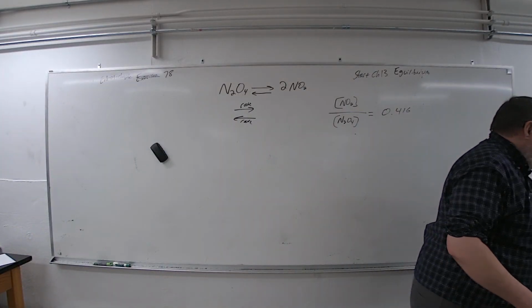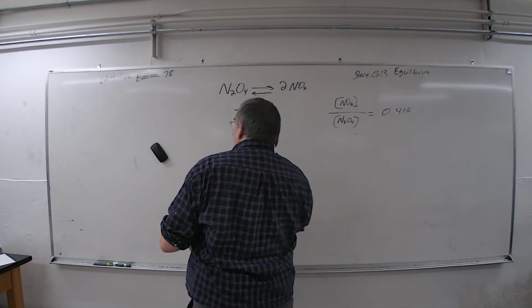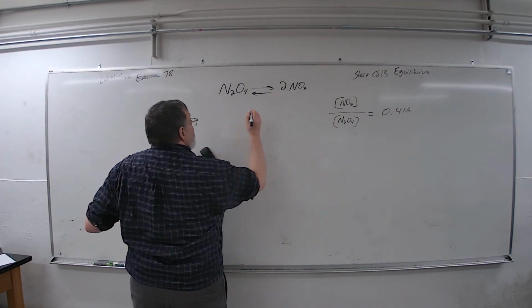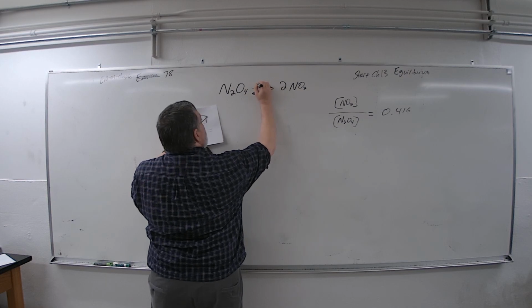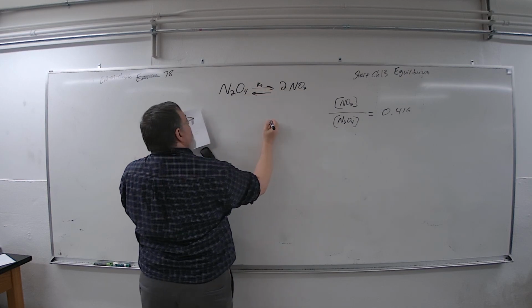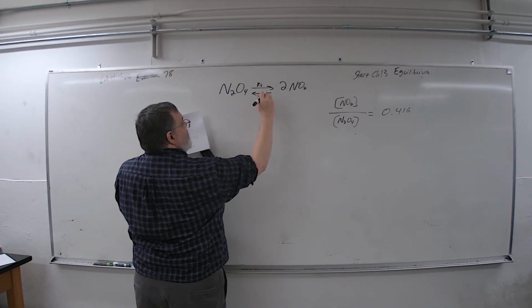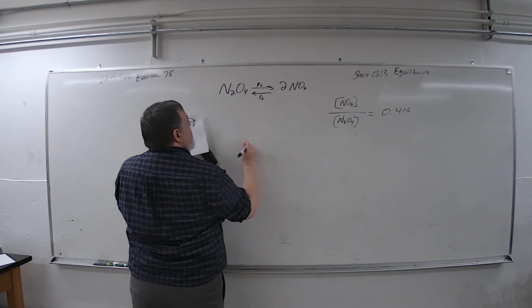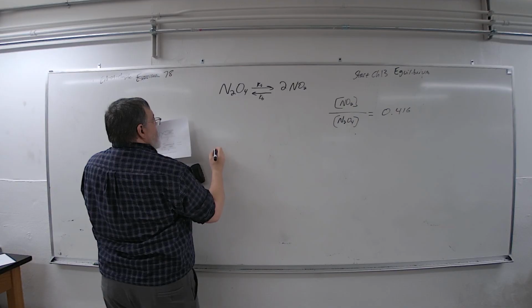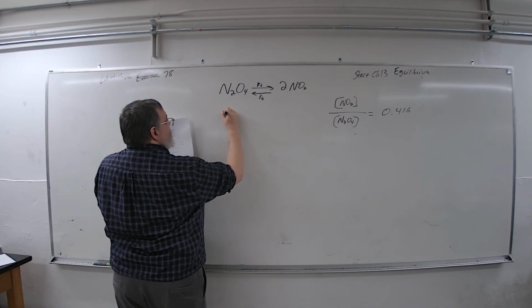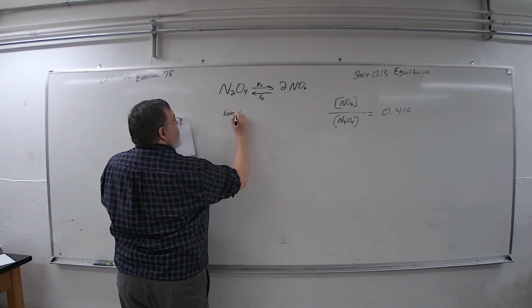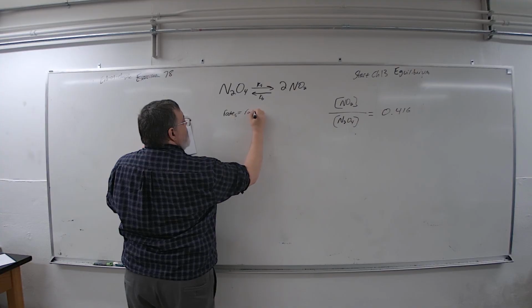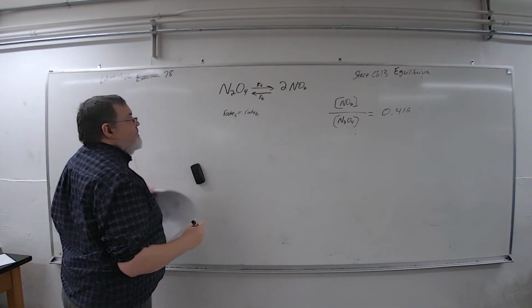What else would I say? Let's do this. I'll say the rate constant forward, and the rate constant backward. So what we're saying is rate forward equals the rate backwards.